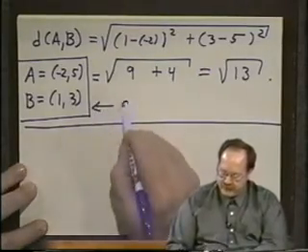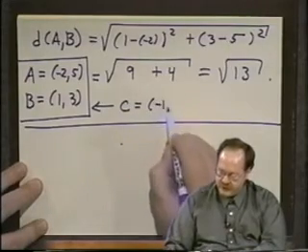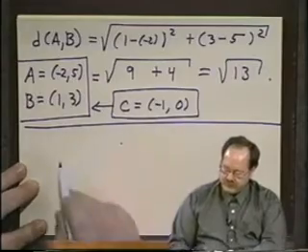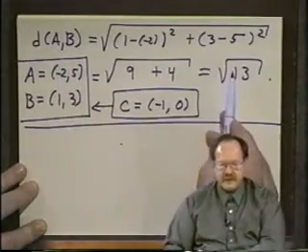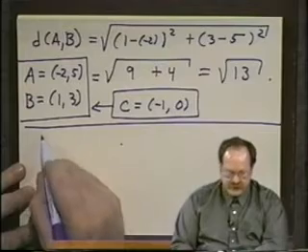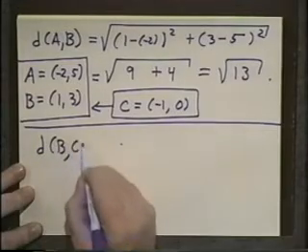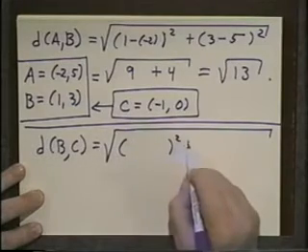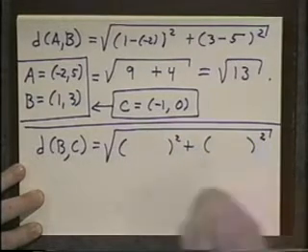Well, let me do the others the same way. Let me add here the point C. To jog your memory, it's minus 1, 0. So I have the distance from A to B here, square root of 13. Let me do the next one, the distance from B to C. So that's the square root, difference of x's squared plus difference of y's squared.